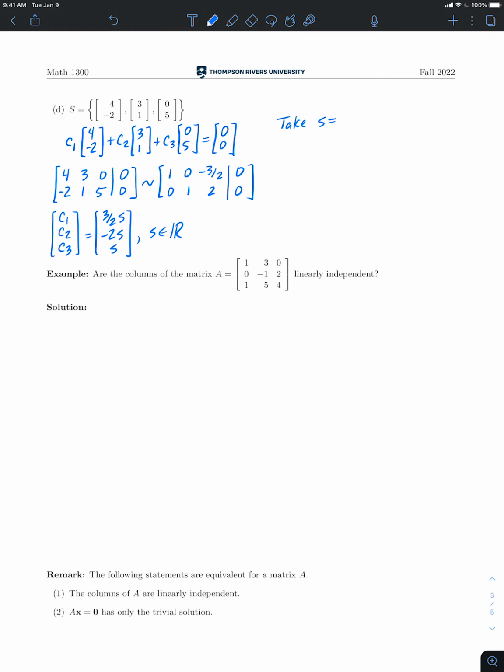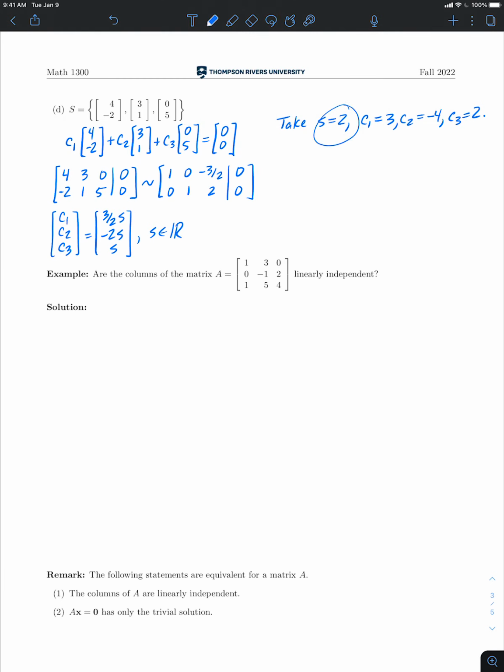If we take S equal to 2, then we'll get C1 equal to 3, C2 equal to negative 4, and C3 equal to 2. And that'll tell us that this is a vanishing linear combination. Oops, I'm reading those backwards.